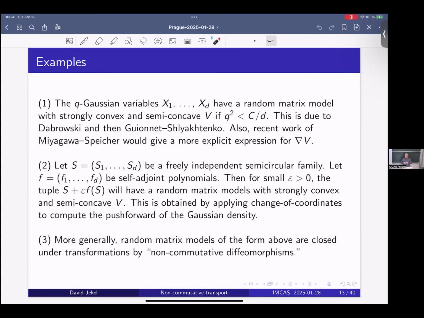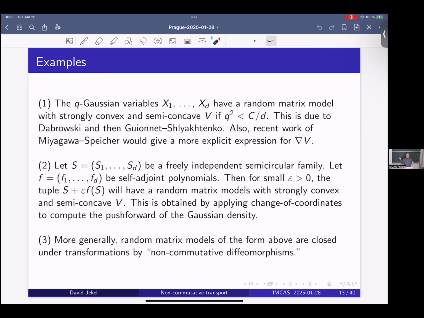The reason for this is that it comes from the change of variables formula for the push forward of some density. If you take some density and push it forward by some diffeomorphism, you use the change of variables formula to compute the density by taking the Jacobian and the composition of the function. If you work all this out, taking just the quadratic function for V gives you the semicirculars, and then if you take your function f and apply this push forward formula, you get out some other function.